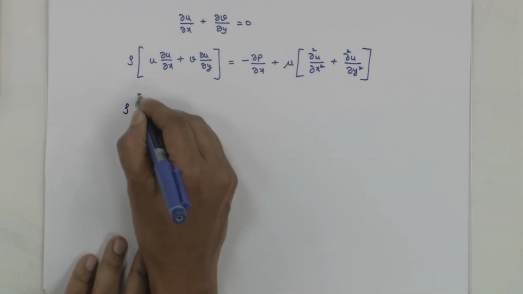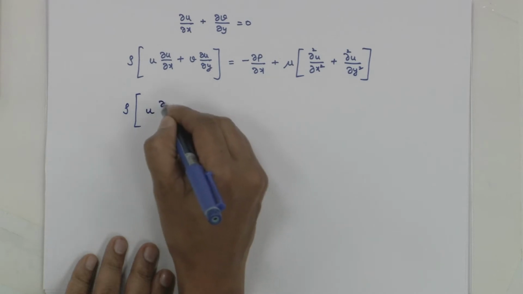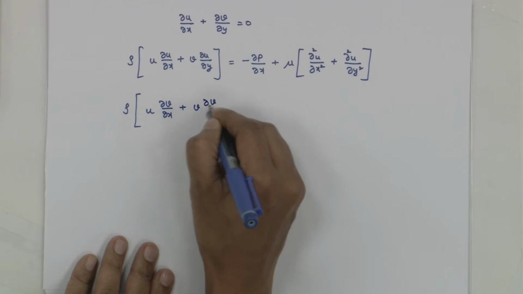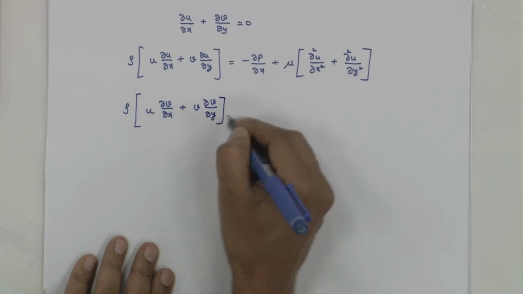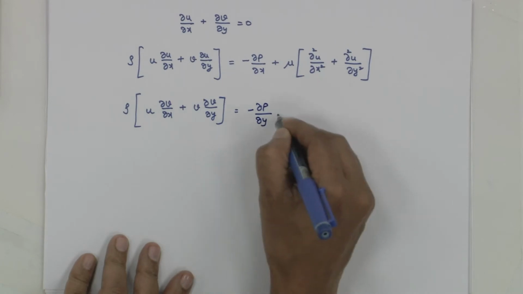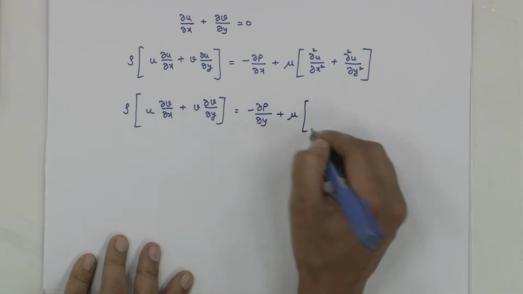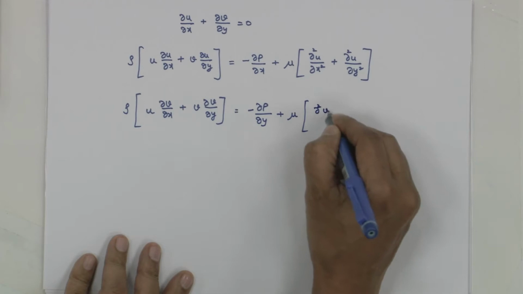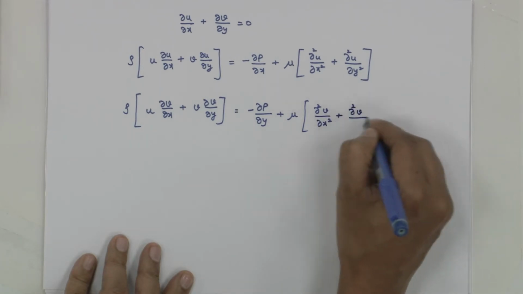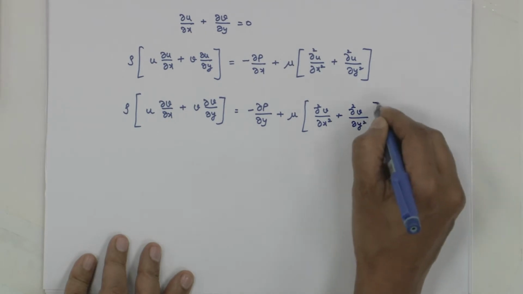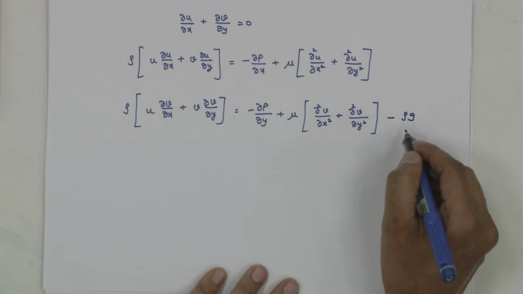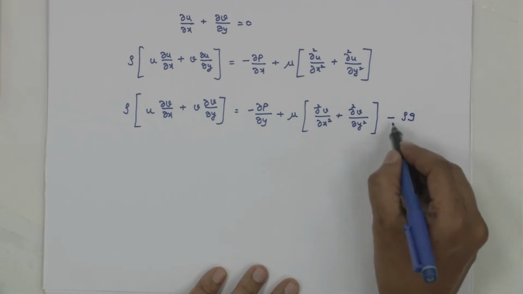The y momentum equation would be rho into u del v by del x plus v del v by del y equal to minus del p by del y plus mu into del squared v by del x squared plus del squared v by del y squared, minus rho g. What is rho g? That is the body force. Why negative?